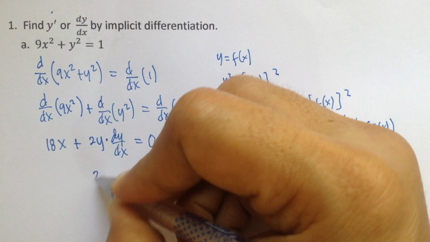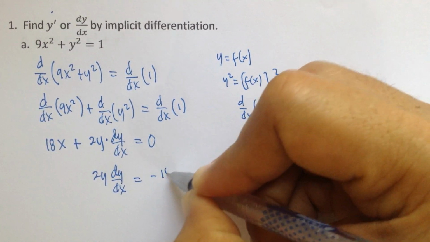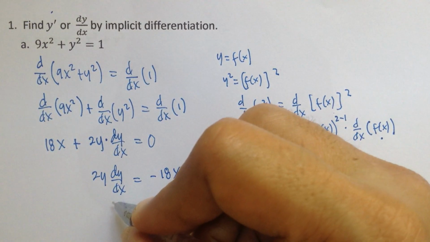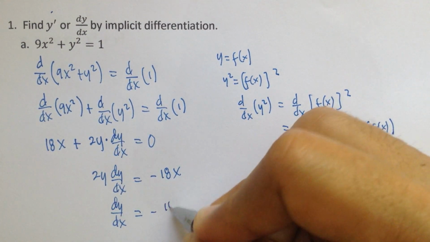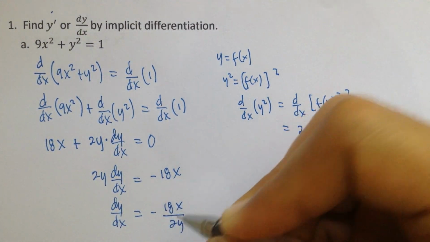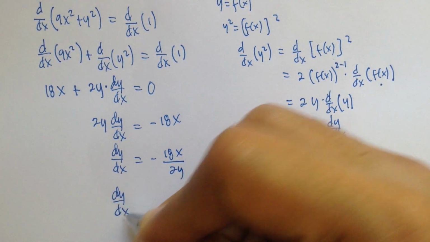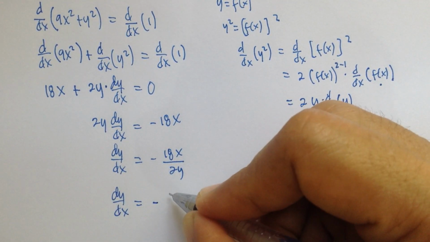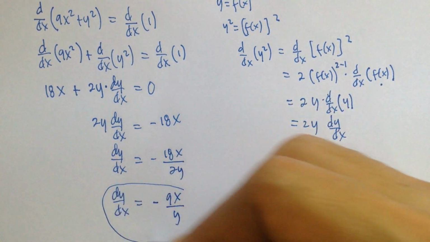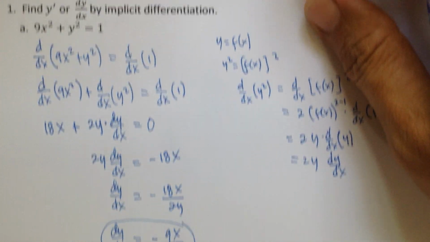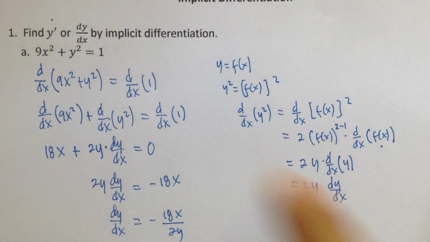So solving for dy dx, you have 2y dy dx equals minus 18x, and that means that dy dx is minus 18x over 2y, and dy dx is equal to minus 9x over y.